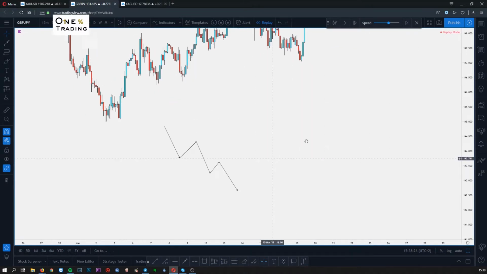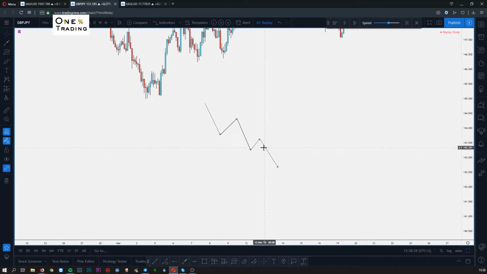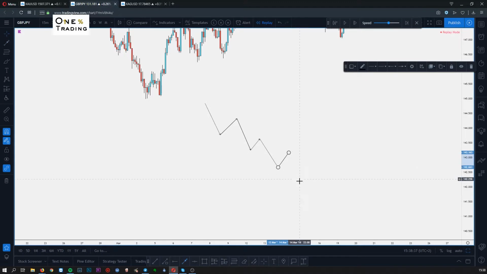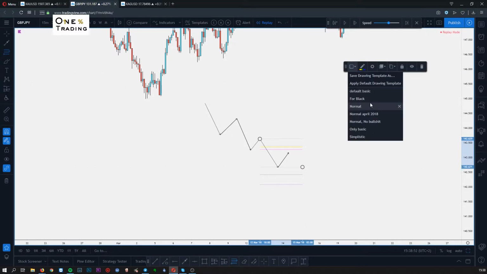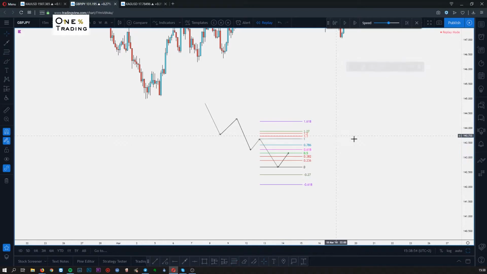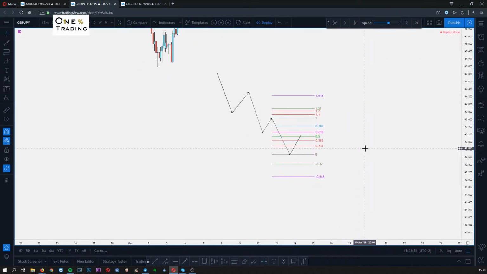So what we then do is, let's say that we are expecting a new lower low, right? So we have a new lower high, and then what we do is take our fib retracement, from point A to point B. This is something that you would probably be used to seeing.